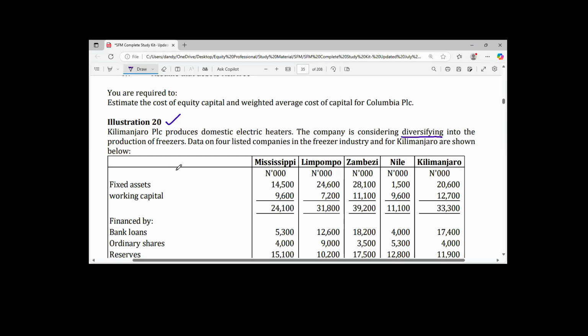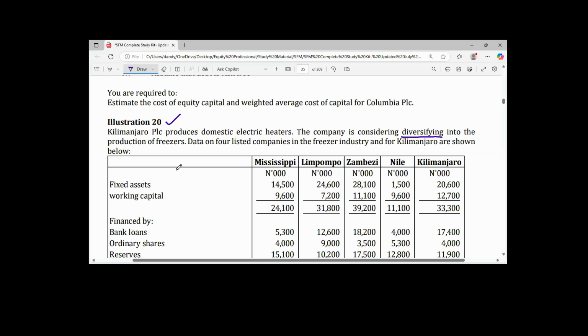As you are reading, you need to underline so that you know you need to satisfy the examiner's requirement and expectation. Now that you know that the company is diversifying and you have to estimate the appropriate cost of capital, you need nobody to tell you that this is project specific cost of capital.